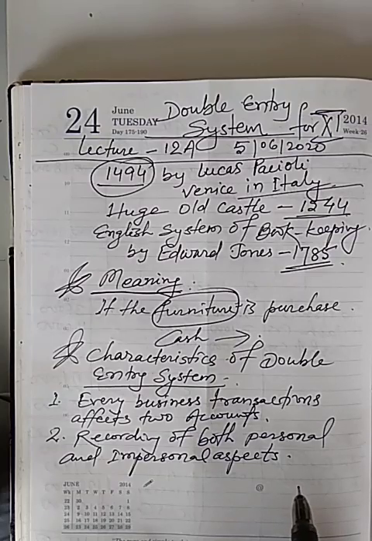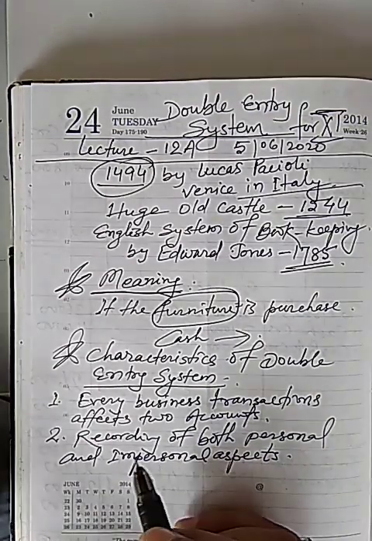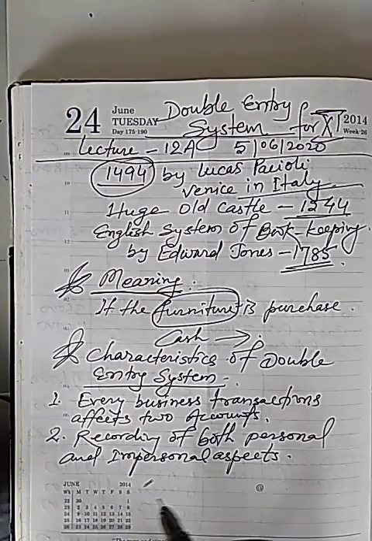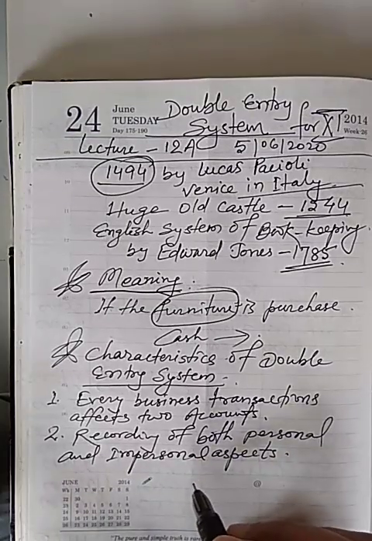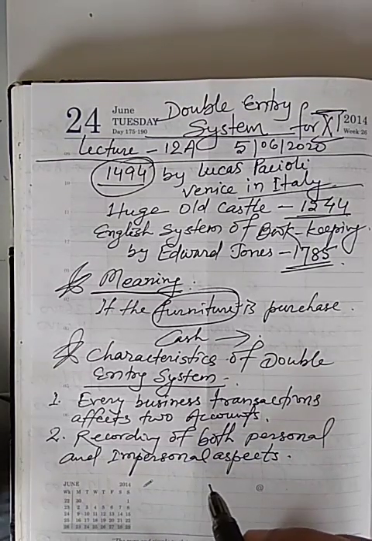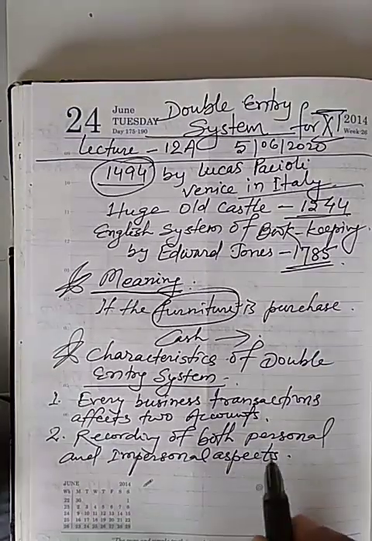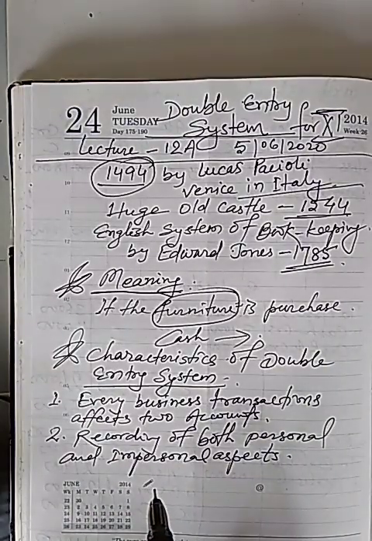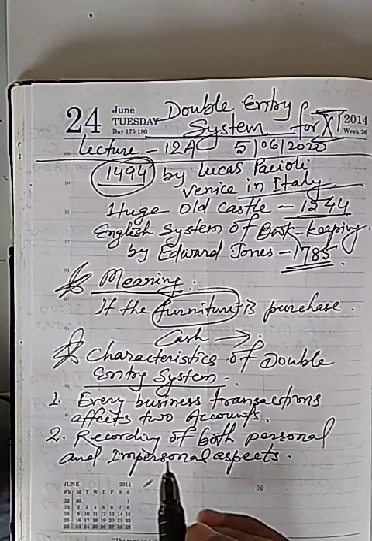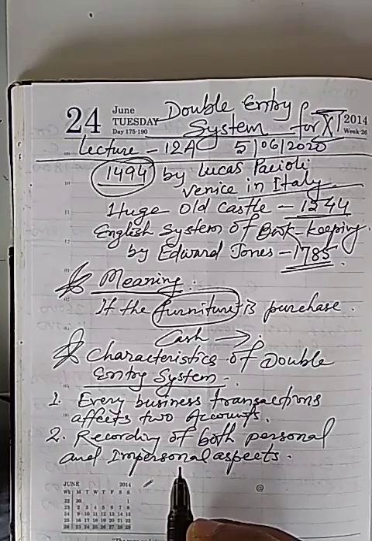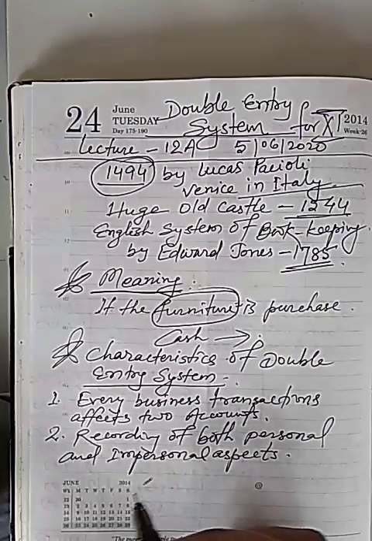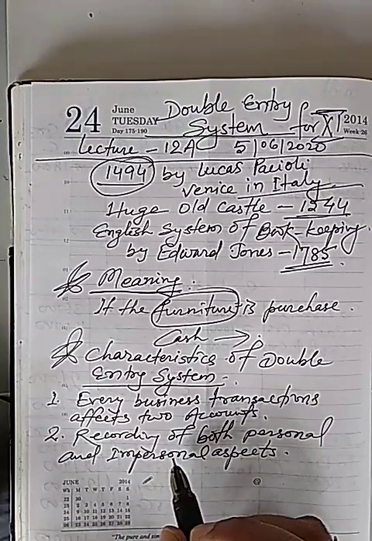Both personal and impersonal aspects of a transaction are recorded in double entry. It is possible that both aspects of a transaction may be personal, or both may be impersonal, or one may be personal and the other impersonal.